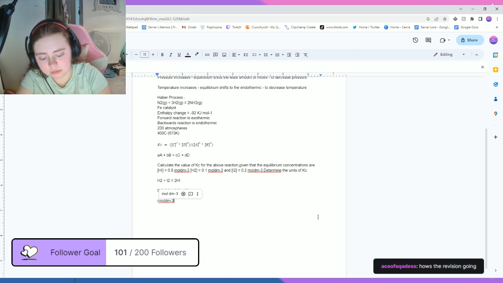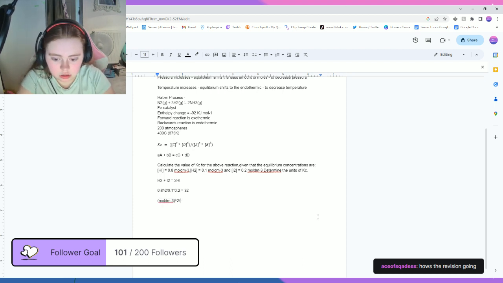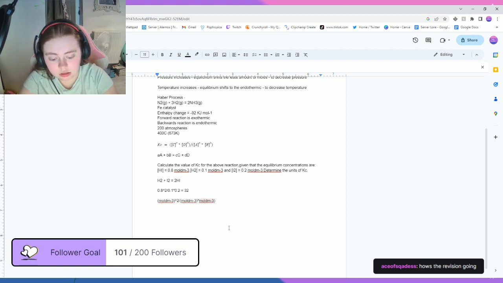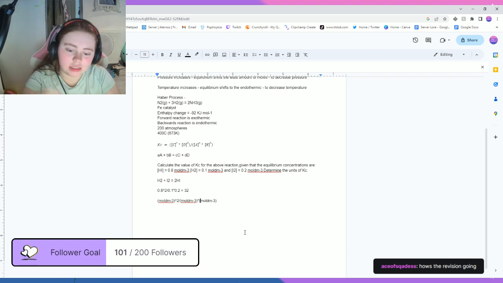Mole per decimeter -3 to the power of 2 over mole per decimeter -3 times mole per decimeter -3. Now, mole per decimeter squared is just basically mole per decimeter times mole per decimeter.